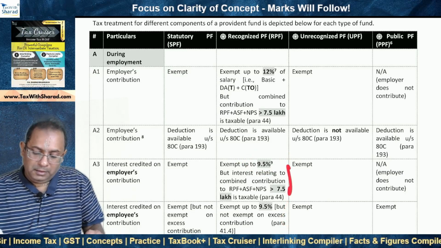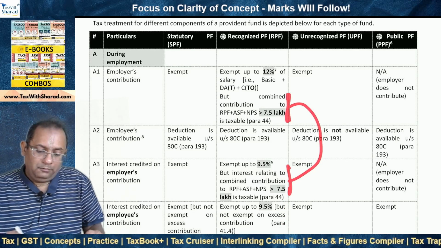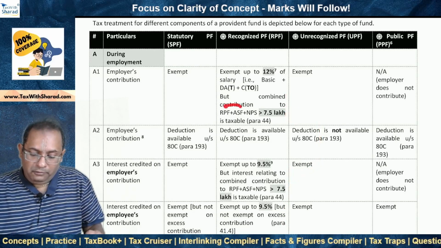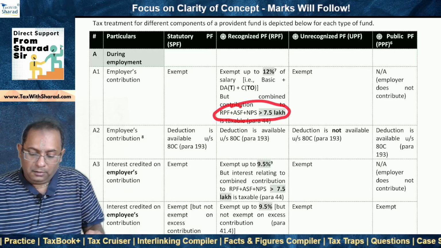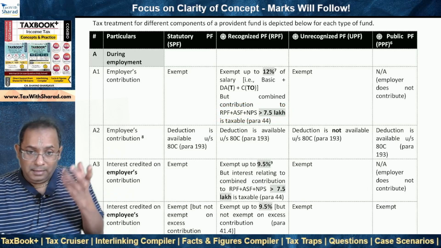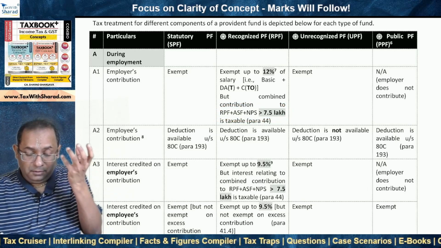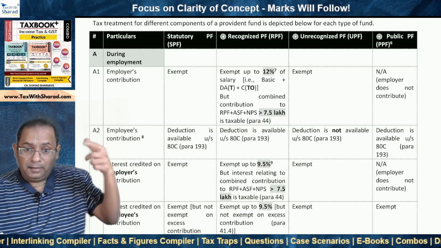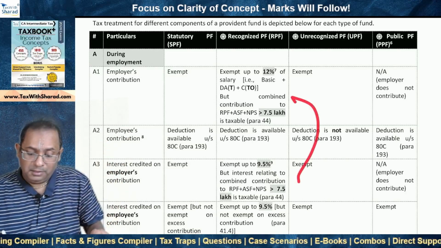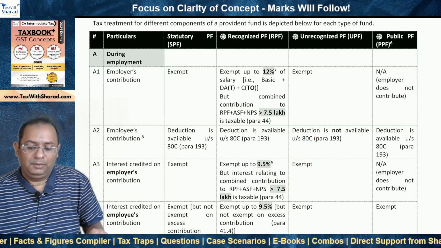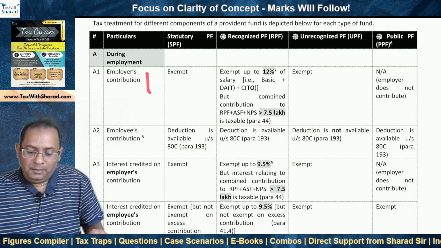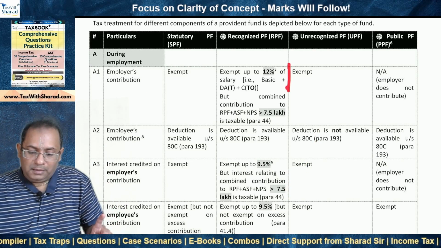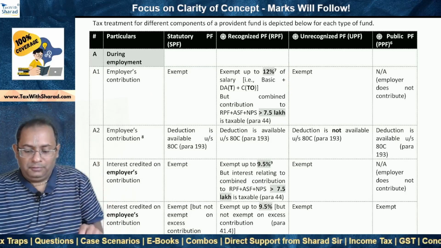The second layer is basically linked to the second layer for employees' contribution, where RPF plus ASF plus NPS combined contribution exceeding 7.5 lakh is taxable. Now that excess, exceeding 7.5 lakh, interest relating to that excess becomes taxable here. So employees' contribution, RPF contribution exceeding 12% of salary becomes taxable, first layer.